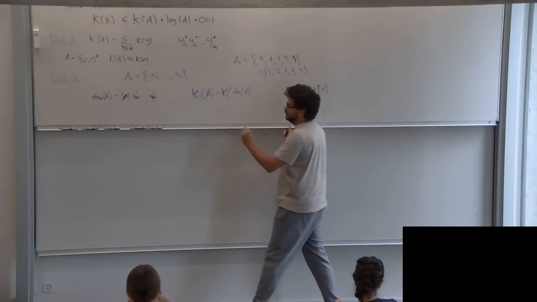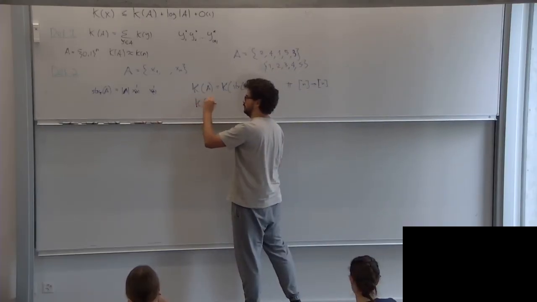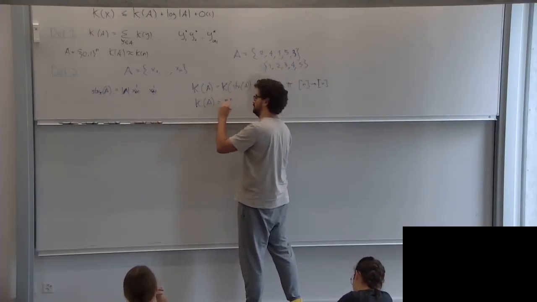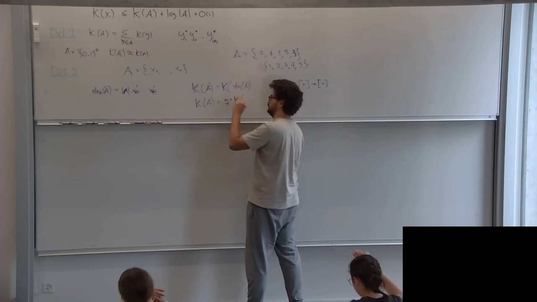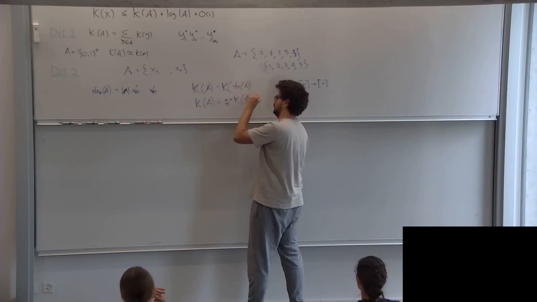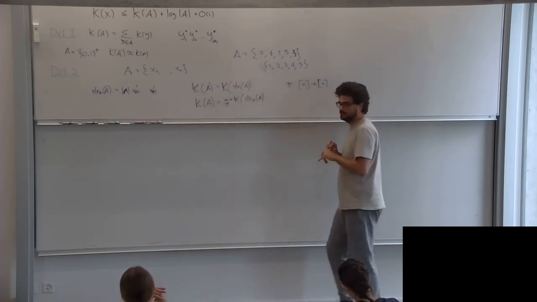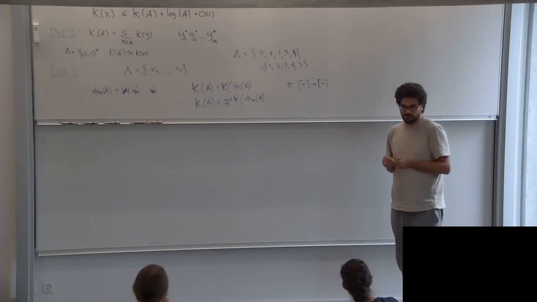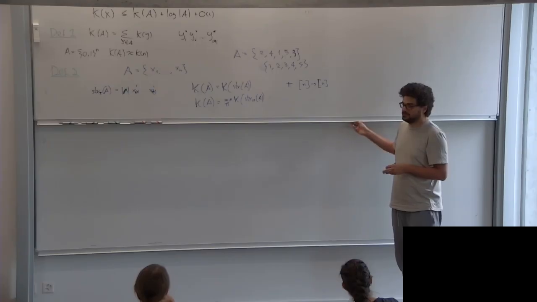And so K of A would be the minimum over all the possible permutations of this string here. So basically I'm taking the most convenient permutation for my representation. And this was my final definition.